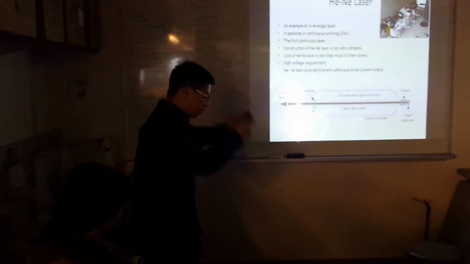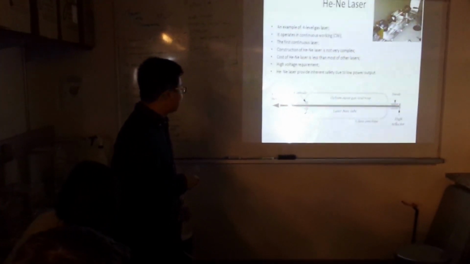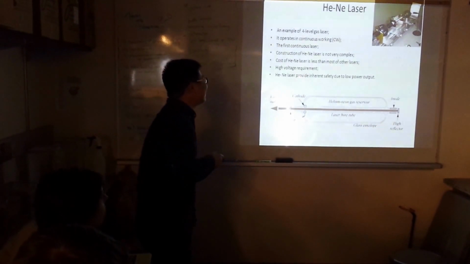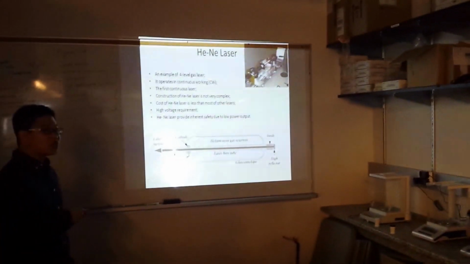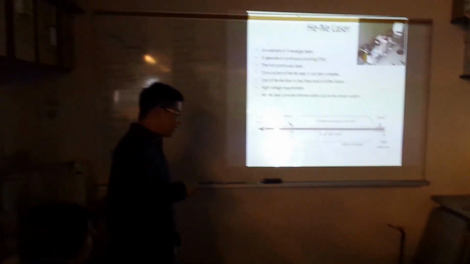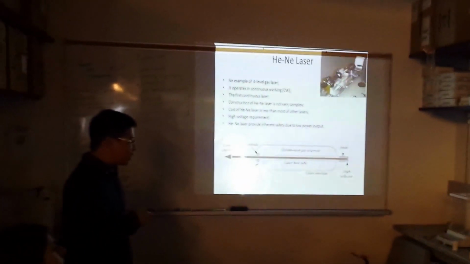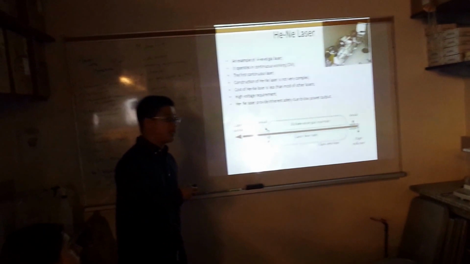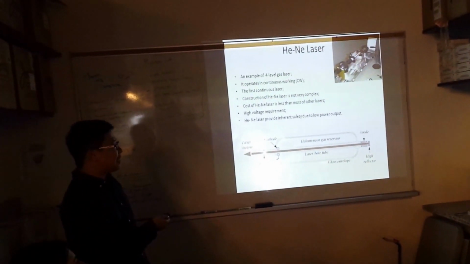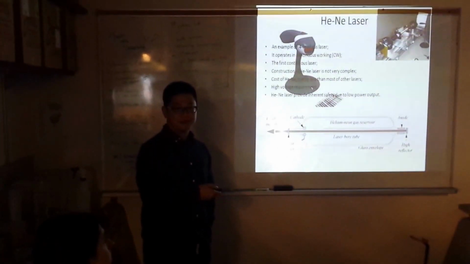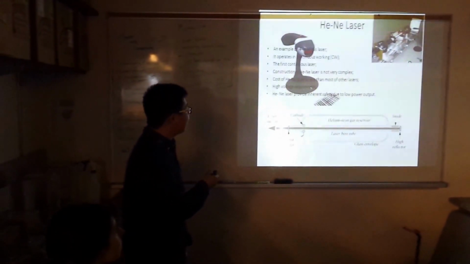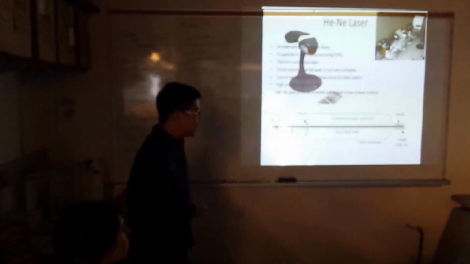We have to really break the gas down. And because the helium neon laser has a low energy output, it's really safe. An example is a barcode reader. So this is the helium neon laser, a gas phase laser.